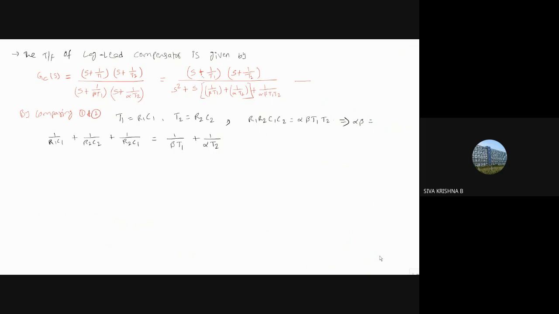Take the standard form now and treat it as equation number 2, and compare 1 and 2.